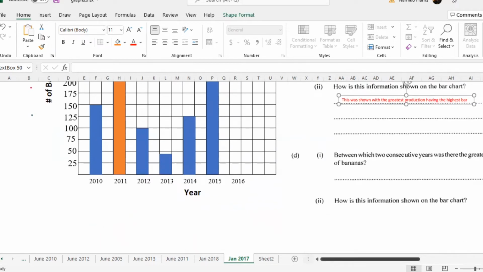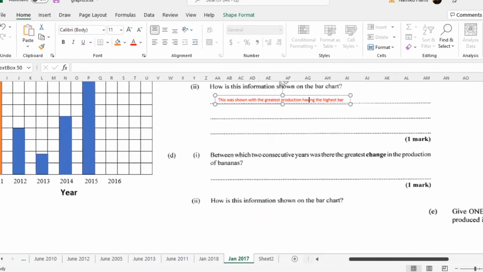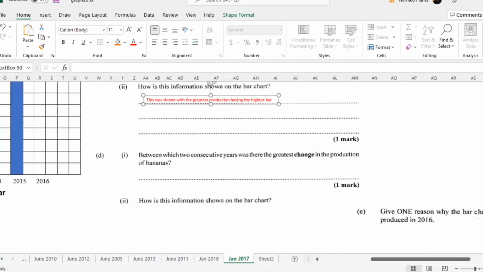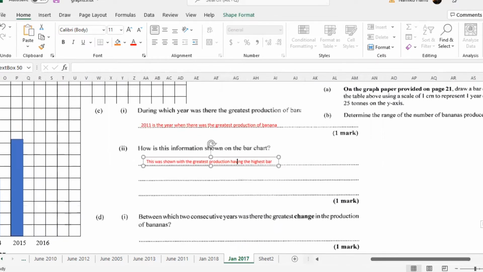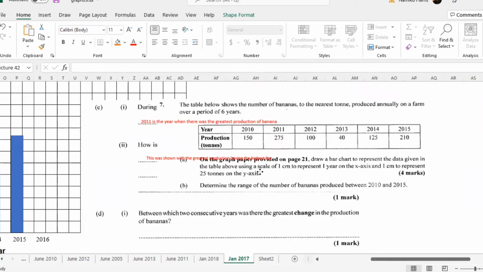Part D1 now says, between which 2 consecutive years was there the greatest change in the production of bananas? So let's get back to the question.